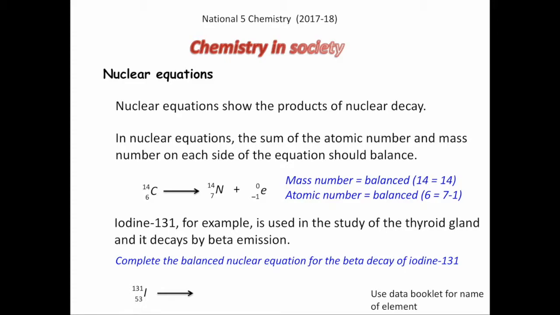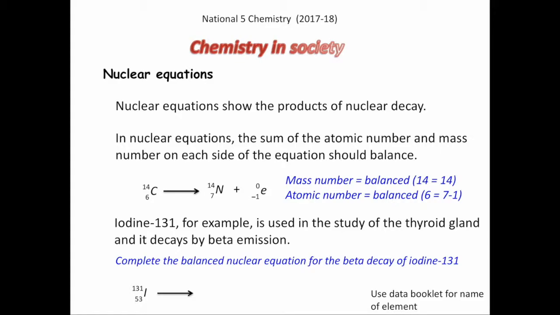So nuclear equations always show you the product of nuclear decay. And the way you balance normal chemical equations, in the case of nuclear equations you have to just balance the atomic number and the mass number on the reactant and the product side. So the sum of atomic number and the sum of mass number on each side of the equation should balance.